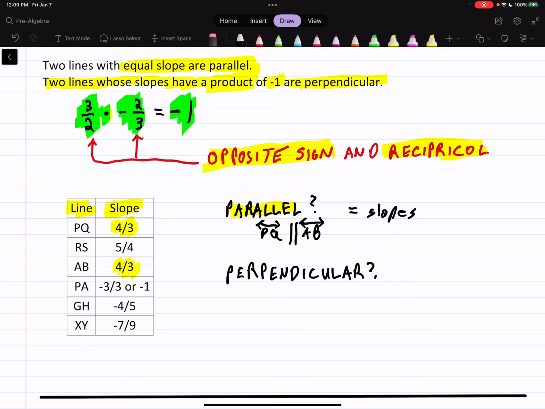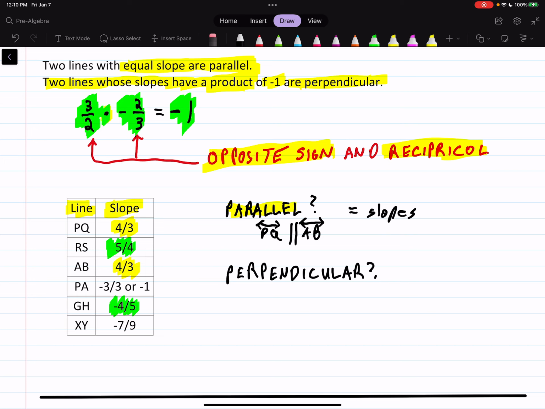All right, so let's see if we have any perpendicular lines. Perpendicular would mean that the slopes have to be reciprocals first. So I see 5/4 and 4/5. So that's the candidate. Then I have to ask, do they have opposite signs? Well, this is positive, and this is negative. So those two are perpendicular.